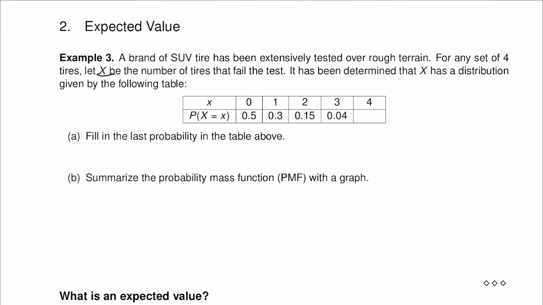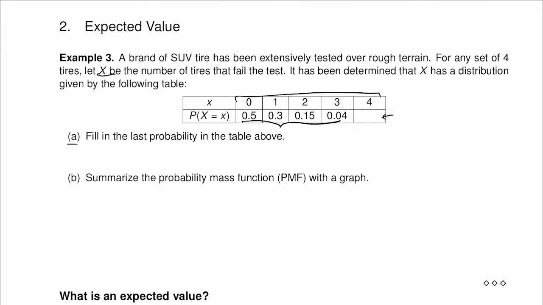So we have that x is going to be from 0 to 4 because it's the number of tires that fail the test, and we are given the probabilities. First, fill in the last probability in the table above. Well, we are not given this value over here, but we are given the rest of them.